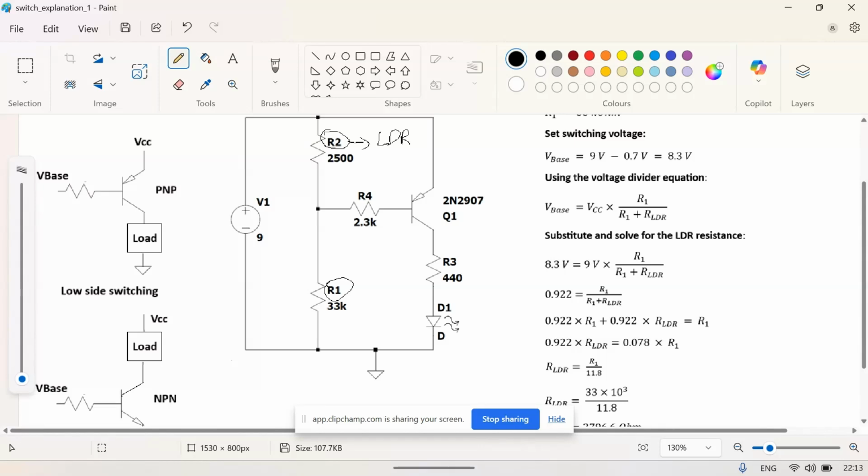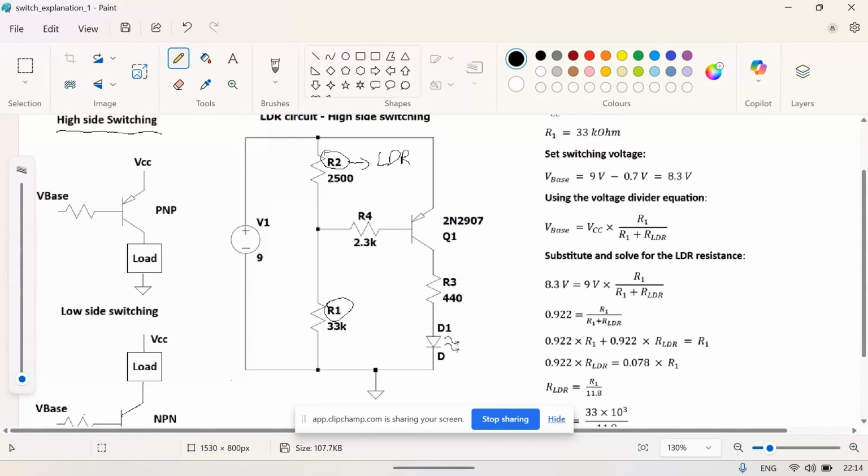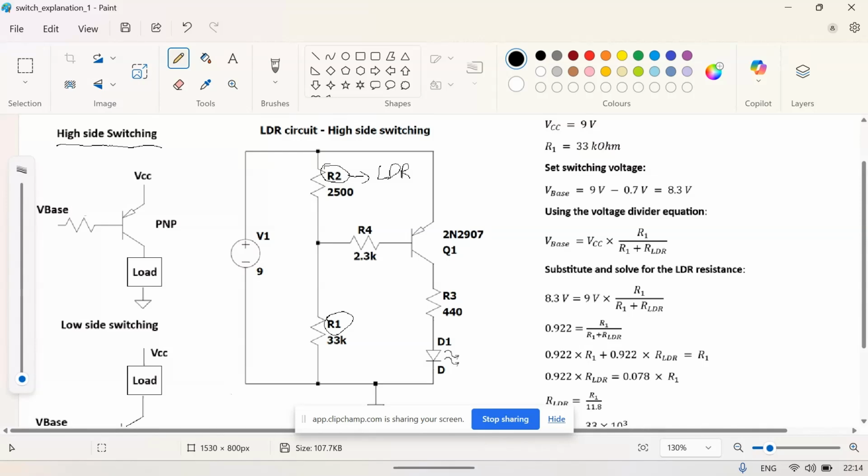So we are using a 9 volt battery as the power supply in this circuit, and a 2N2907 is used as the PNP transistor here. So this is the case of high side switching. We have connected an LED to this circuit.